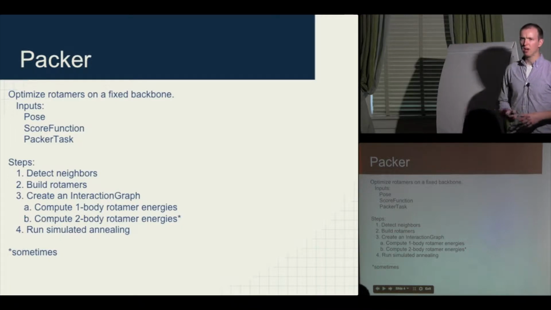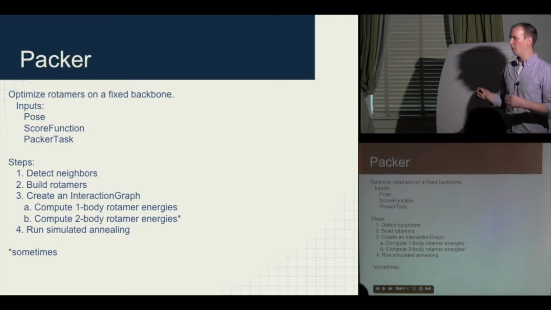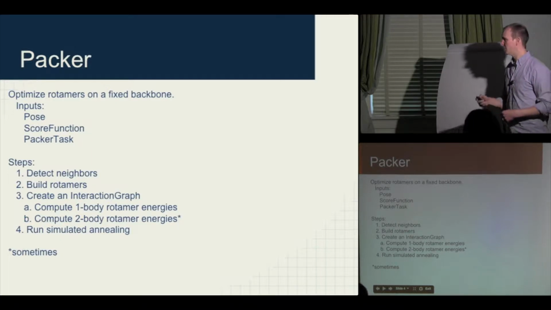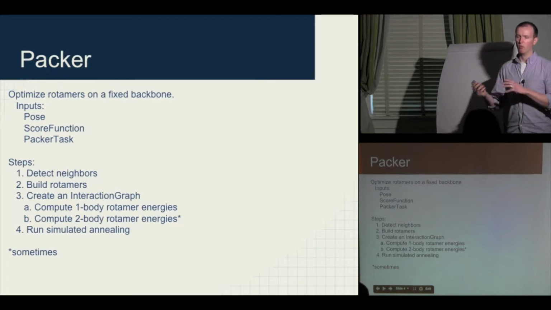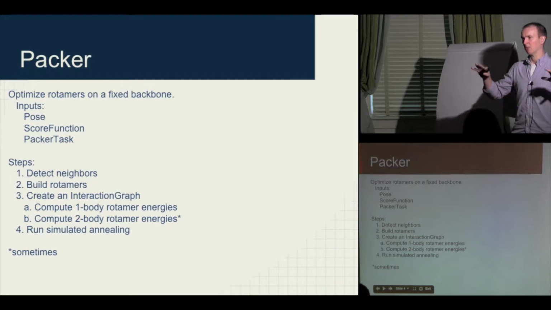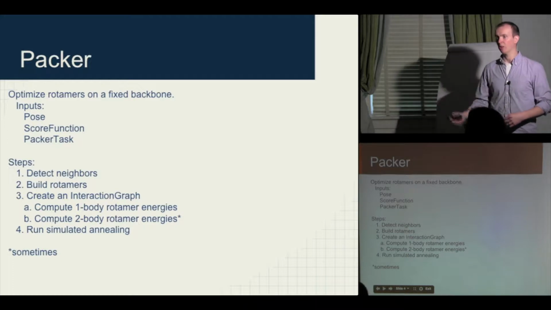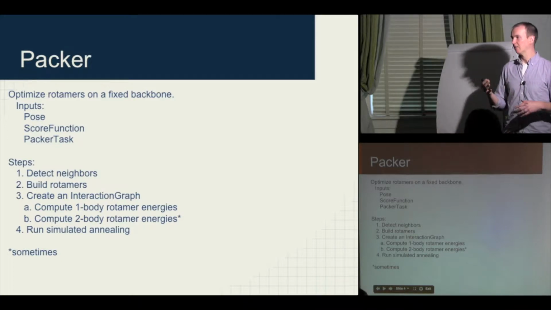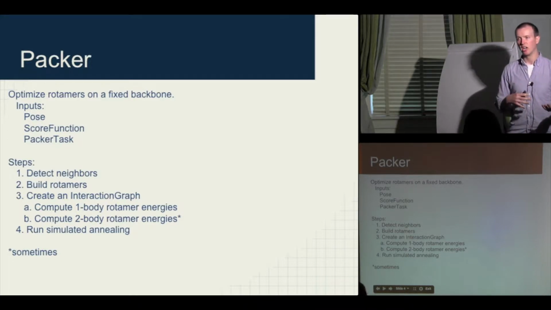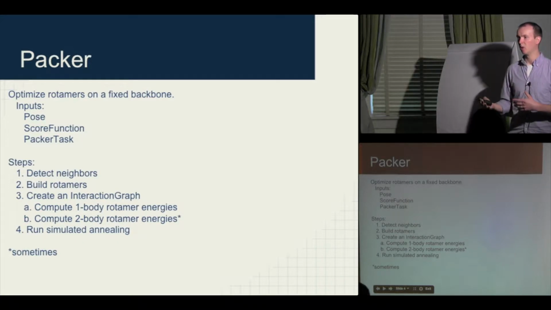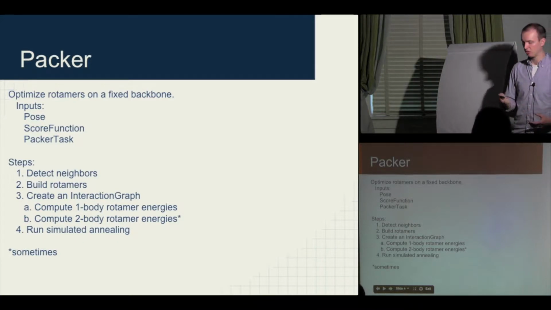And then the fourth step of packing is running simulated annealing. In simulated annealing, what we do is perform rotamer substitution. So we have some assignment of rotamers to the entirety of the pose, and then we assign a new rotamer, and then calculate the change in energy and use the Metropolis criterion to decide whether or not to accept or reject that rotamer substitution.